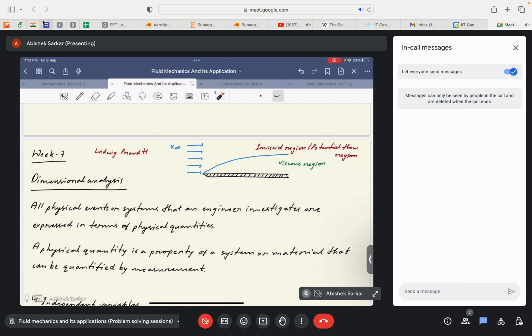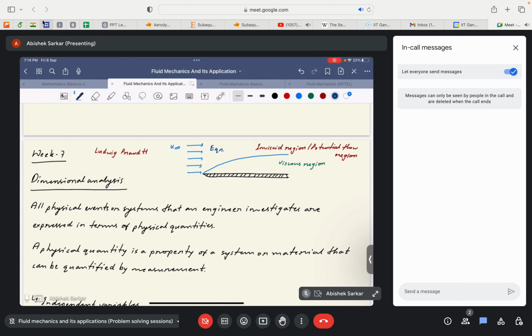Since these two regions are physically different, because one region is viscous dominant and the other is inertia dominant, where viscous effects are not that dominant, obviously the governing equations should also change.